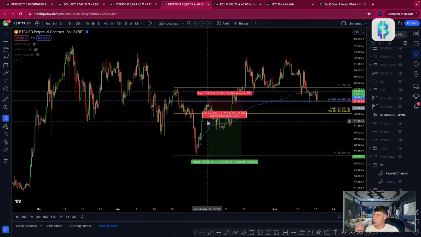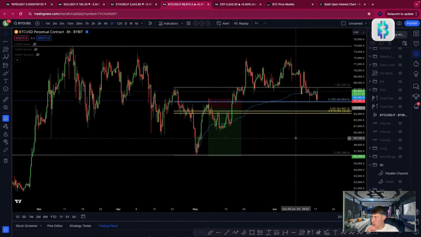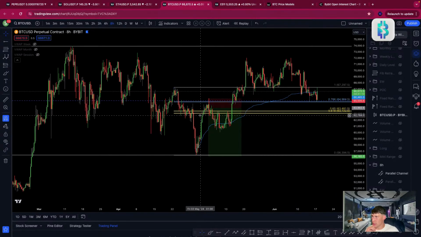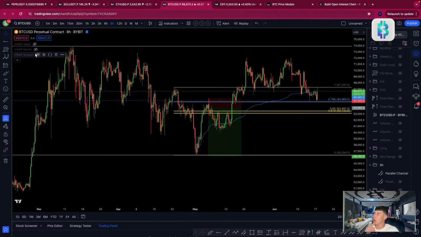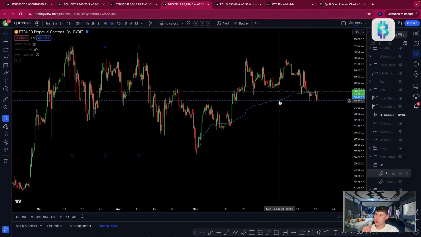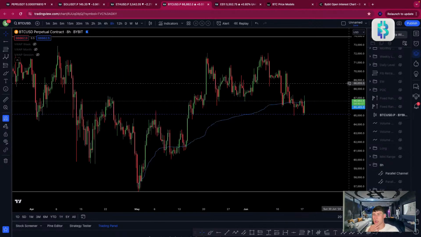What else? This was a short. So this was a GP 786 with absorption. There must have been another level here. Maybe there was a naked point of control there, but I would have deleted it by now. But there's just all sorts of different types of setups that you can be taking.